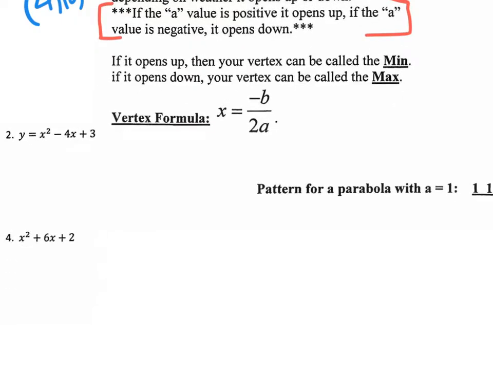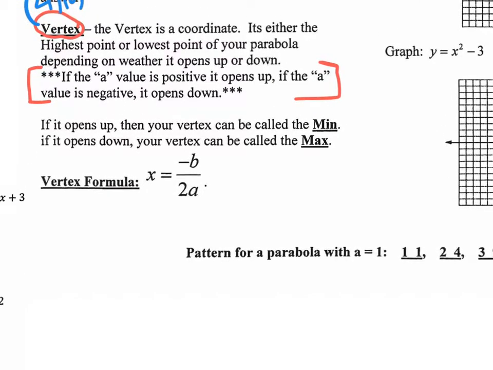Now, why is that important if we're talking about vertex? Well, if it opens up, then you have a minimum value. If it opens down, you have a maximum value. I'm talking about your a value. So let me just write down a random equation here. y equals negative x squared plus 3. I don't know, something like that, right?